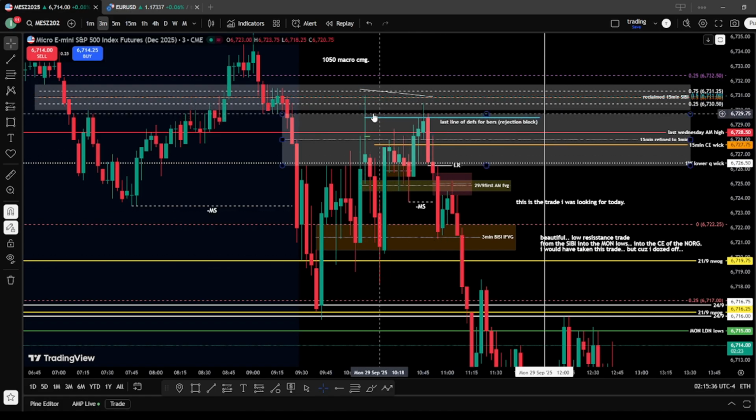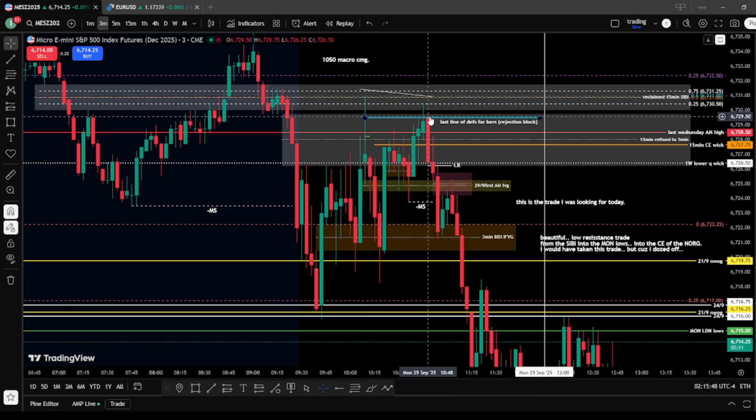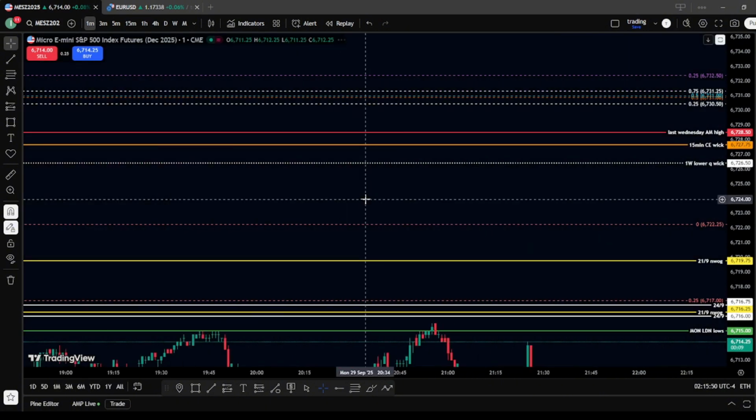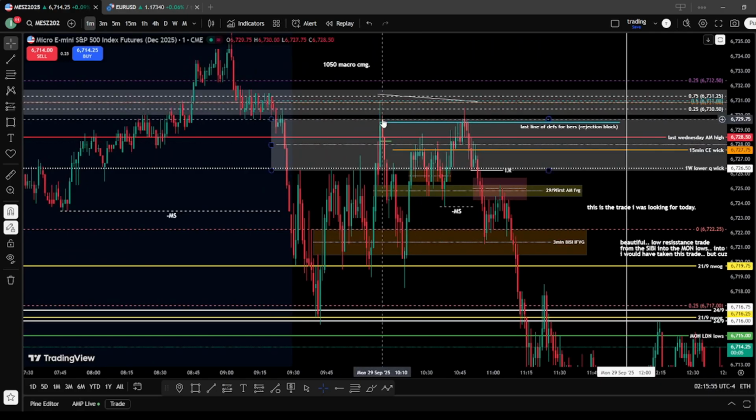This is a 1-minute rejection block. We're going to measure this. Put on the 1-minute chart right now, and on the 1-minute chart you can see this is the rejection block, the highest closing price of this candle is here, so see how we respect here beautifully.